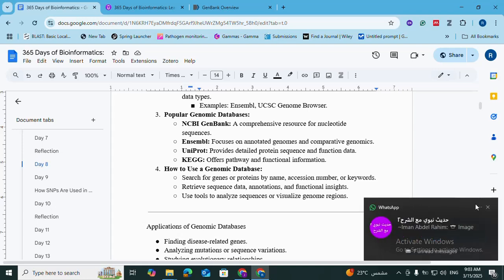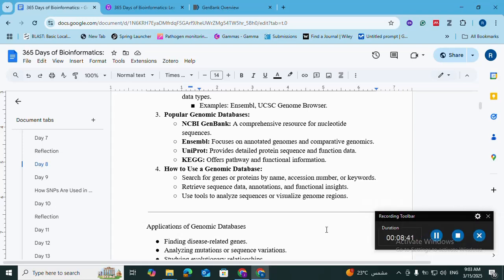We can use tools to analyze sequences and visualize genome regions. Also, with these tools for analyzing sequences, I have a question related to this sequence. I wanted to visualize these results in a comprehensive way, an easy way to be digested.